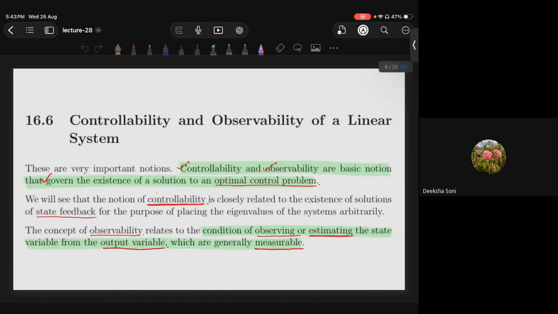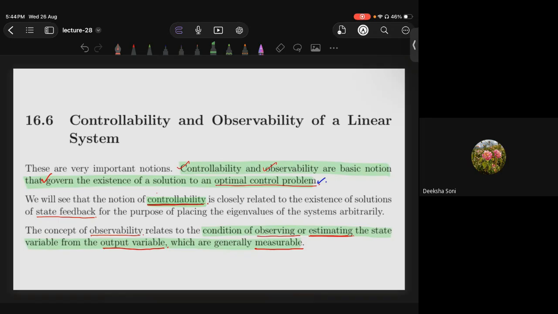Now, the major topic is controllability and observability. These are two concepts for any system, which help us talk about the best solution in the system. You don't need to understand the optimal control problem yet. Controllability is related to whether we can control the system.